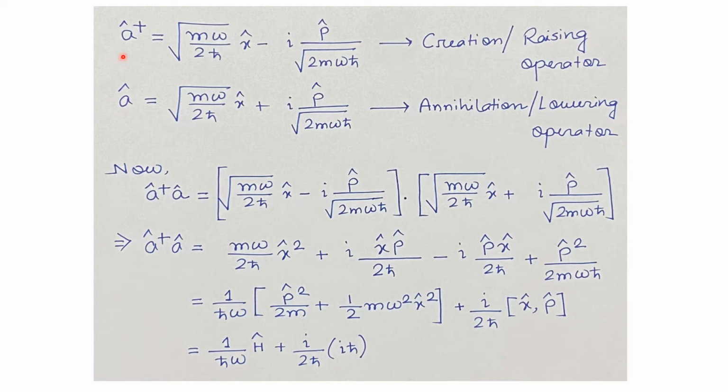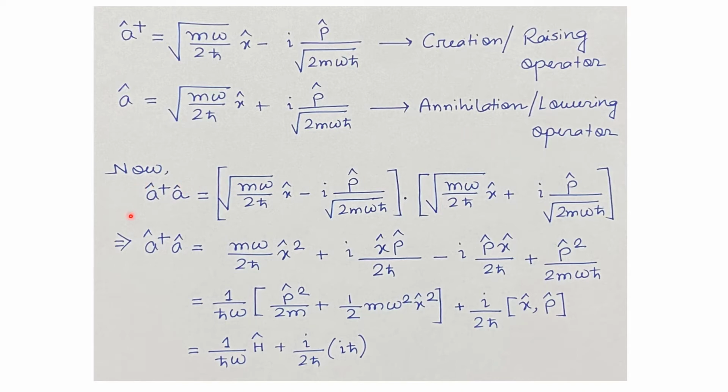Basically, it is raising the state by 1. That is why it is known as creation or raising operator. Similarly, when the operator A cap acts on a harmonic oscillator state n, it returns the state n minus 1. So basically it annihilates or lowers the state by 1. That's why the name of this operator is annihilation or lowering operator.